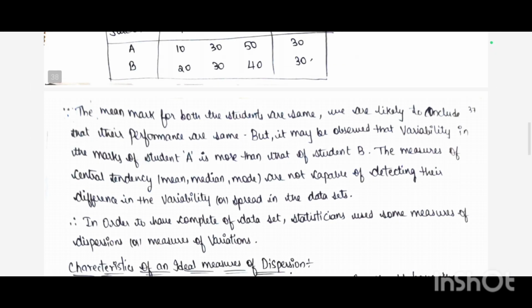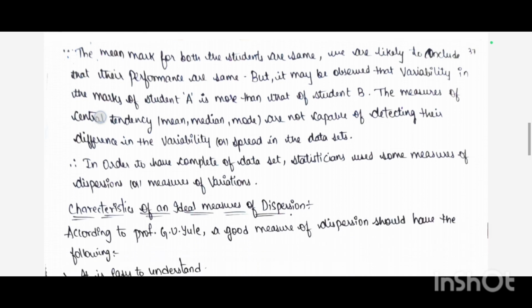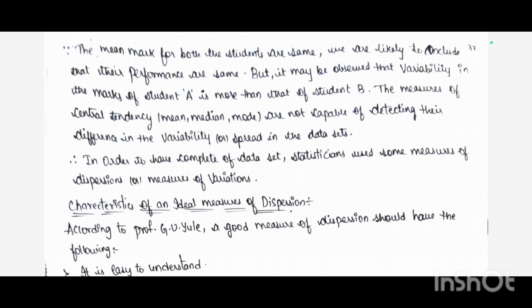In order to have a complete picture of a data set, statisticians use some measures of dispersion. They are also called measures of variation.